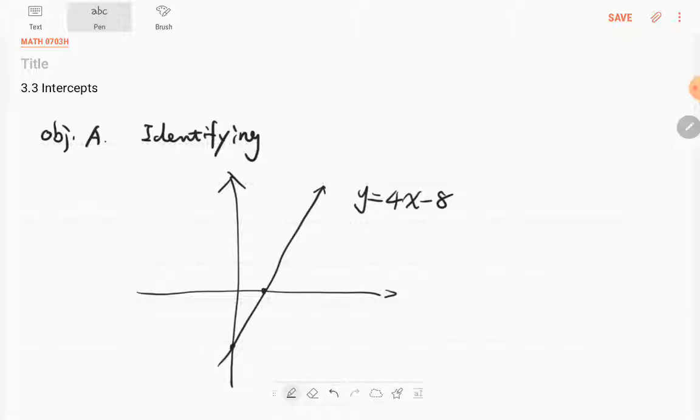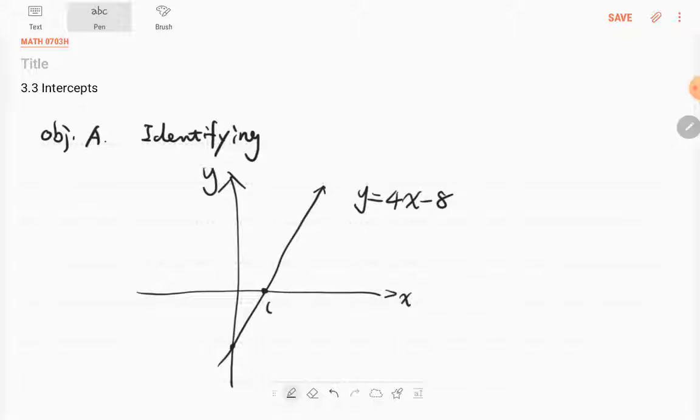One is where the straight line crosses the x-axis. So this point is where the line crosses the x-axis.